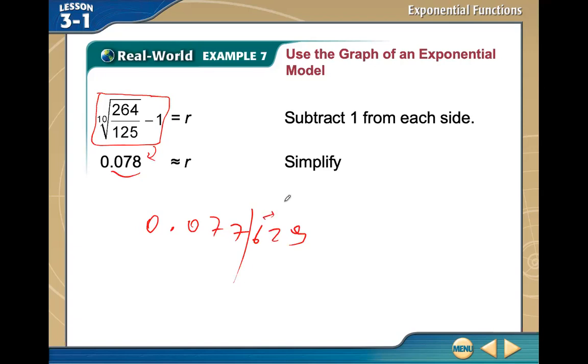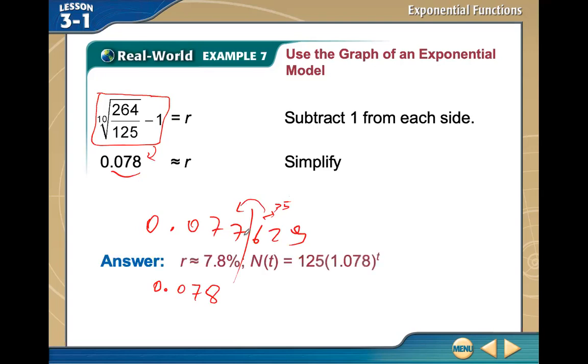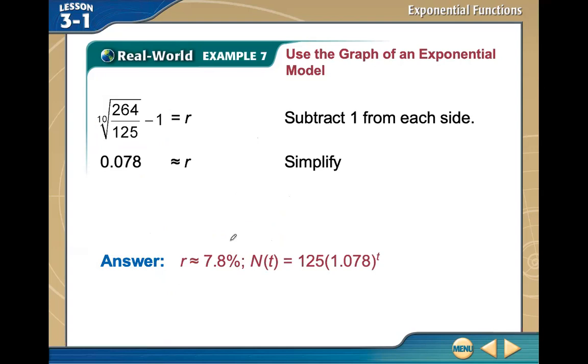Since 6 is greater than or equal to 5, I am increasing the one before, so 0.078. Okay, good. I don't think there's a problem. It's just calculation, and it's not difficult here. Now let's go. So what can we say after this result? r is equal to 7.8%.